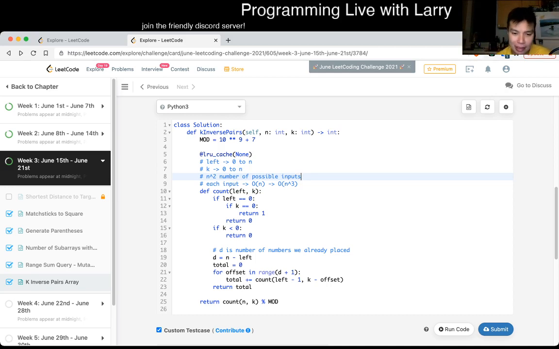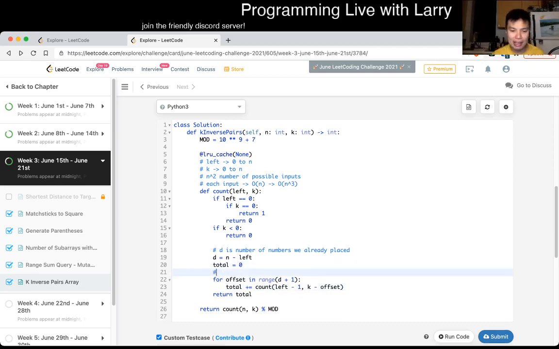The thing that I noticed is that this loop, if you write it out, is just total is equal to count of left minus one, k, plus count of left minus one, k minus one, dot dot dot, all the way to plus count of left minus 1, k minus d. I always spoil it a little bit, which is prefix sum.